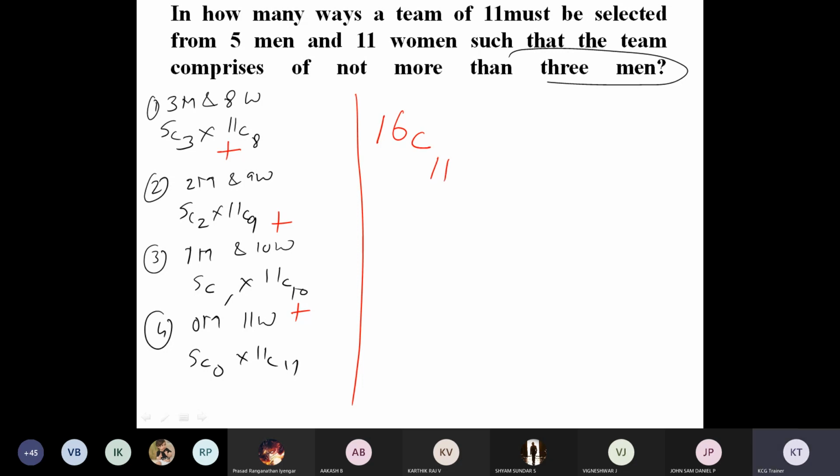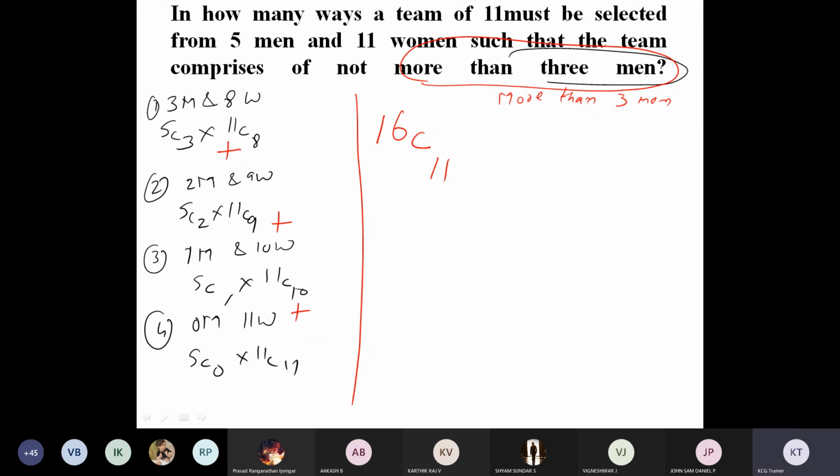Because 5 men and 11 women makes 16. What is the condition given? Maximum 3 men. So do something which is not satisfying the condition. That means more than 3 men. That is something which we are going against the condition. Remember, you have to go against the condition.